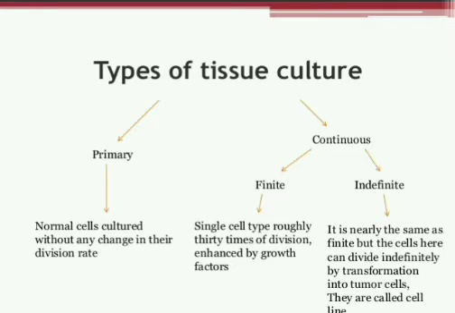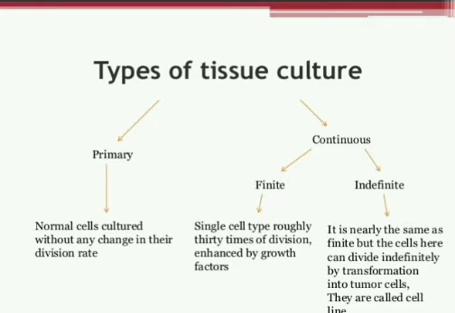And then the transformed cell lines, the conversion of normal healthy cells into tumorous and cancerous cells. These are the three types of cell line we usually use in day-to-day cell culture research.